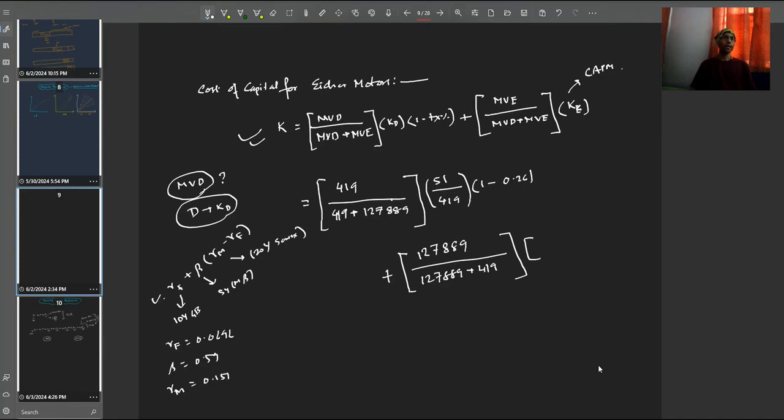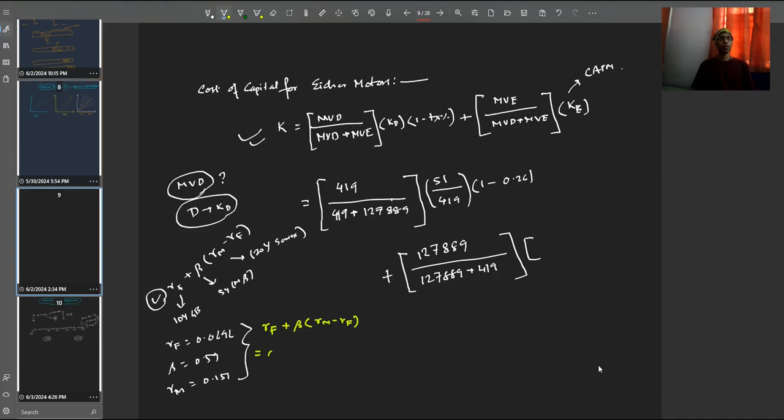Now we will be easily able to calculate the CAPM rate or CAPM cost of equity. Let us do that. RF plus beta into RM minus RF.